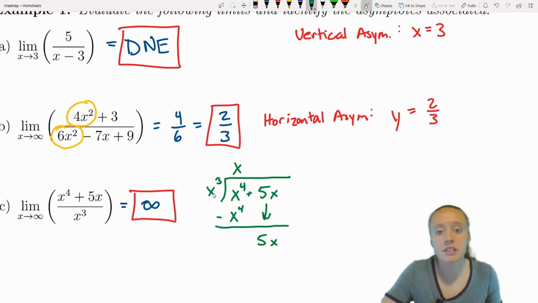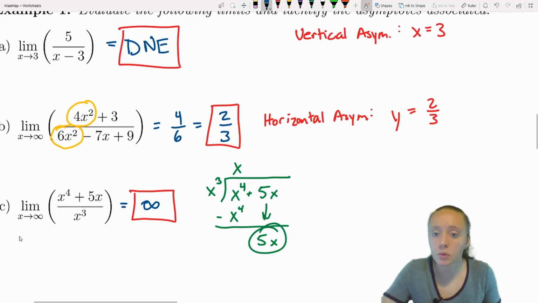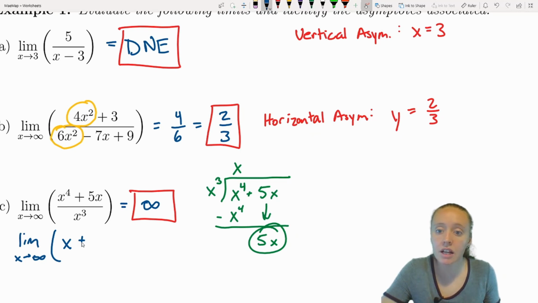How many times does x cubed go into 5x? Well, it doesn't. So my remainder is 5x. So this equivalent function would be, and I'll go ahead and write the limit of it since we're taking the limit, x plus 5x, that remainder, over x cubed.